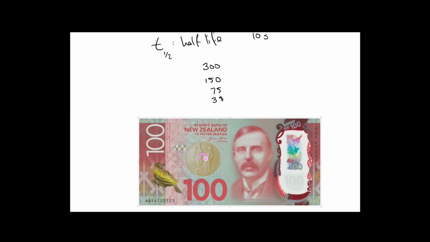This is the man himself, Lord Rutherford of Nelson, and there is the half-life graph. There is another one that goes there like that, which is related to that, but this is the one that we're worried about here.